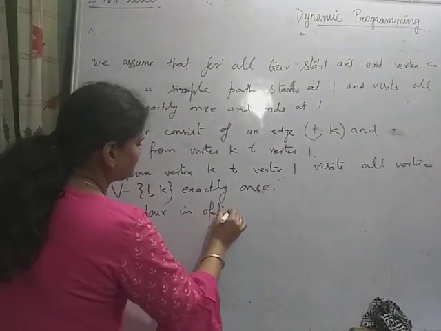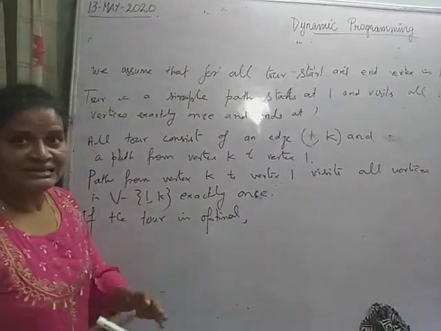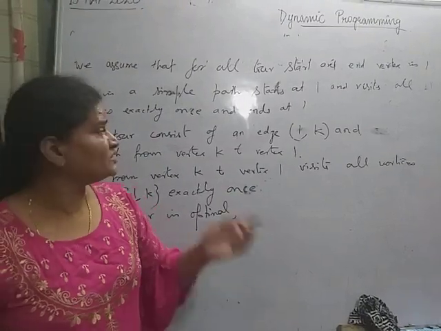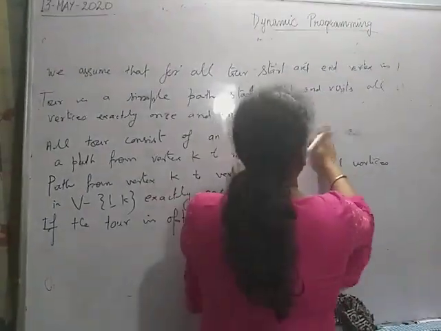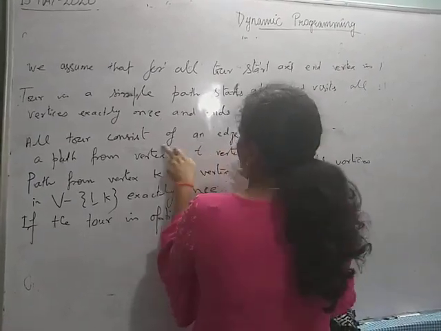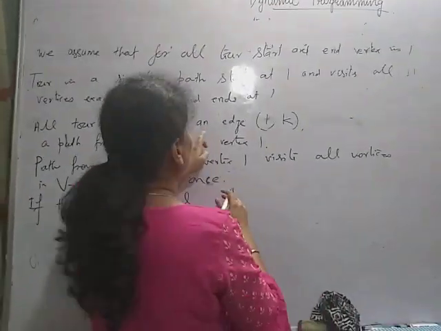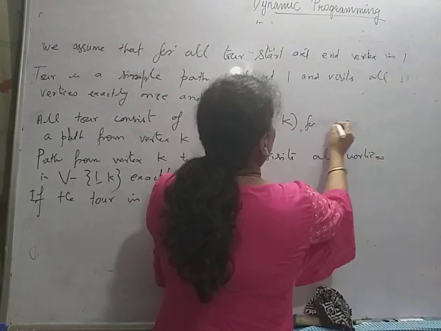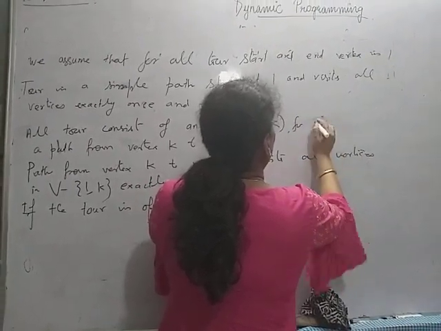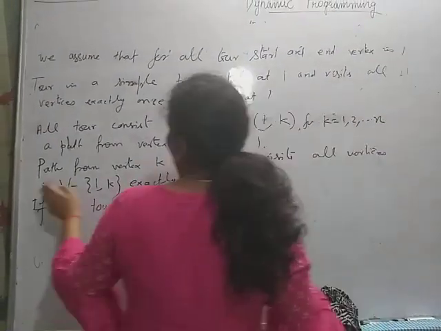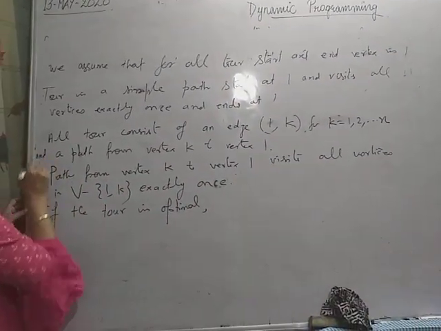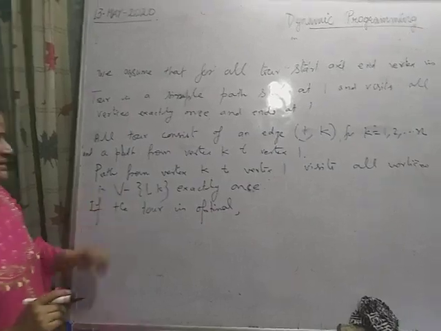All tours consist of an edge 1k for k equal to 1, 2, and so on to n, and the path from vertex k to vertex 1.